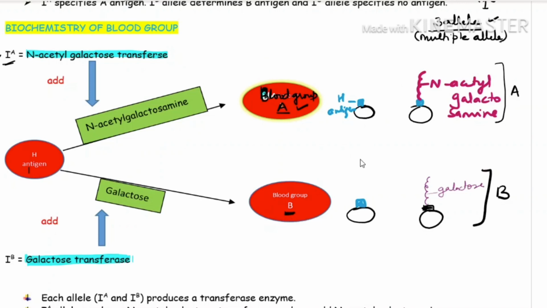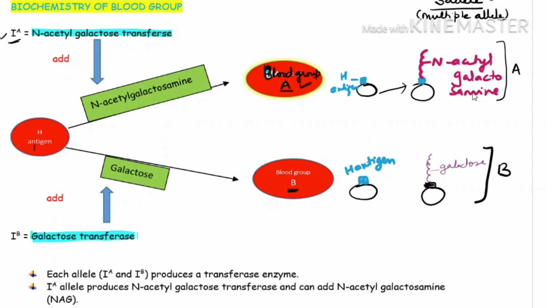H antigen is always present on the RBC. Now what we add? If we add N-acetyl galactosamine, it becomes blood group A. If we add galactose, then it becomes blood group B. From this it is clear that both the alleles IA and IB are able to produce their sugar.